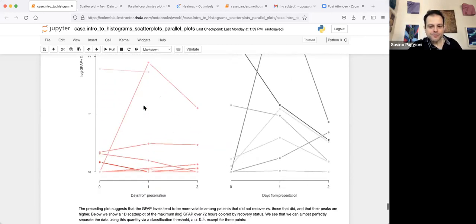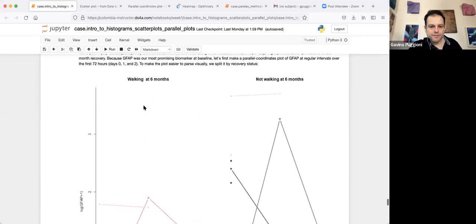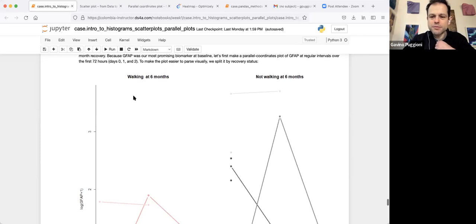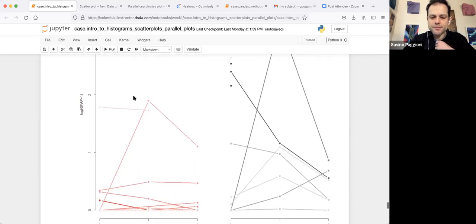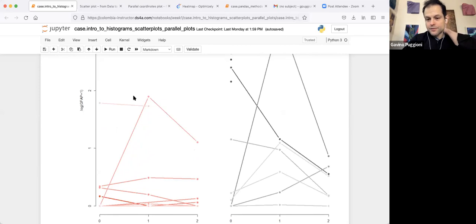And on the left plot, we have the dogs that effectively recovered, and on the right plot, we have dogs that ended up not recovering. So, what do you observe here?